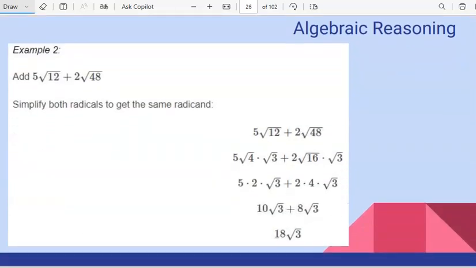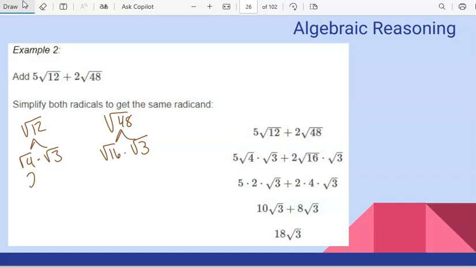Let's look at another example. Add 5 square root of 12 plus 2 square root of 48. You want to simplify both of the radicals to get the same radicand. So square root 12 could be square root of 4 times the square root of 3. And then square root of 48 is the same thing as the square root of 16 times the square root of 3.